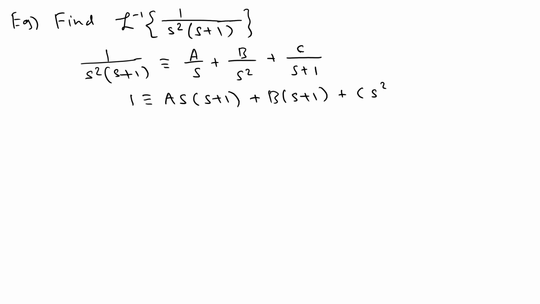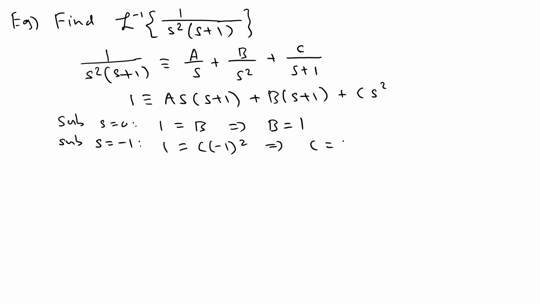We normally use substitution first before going for the coefficients. So we go with s equals 0. Once you plug in s equals 0, you get 1 equals b, in other words b equals 1. Then we go with the substitution s equals negative 1. Then 1 equals c times negative 1 squared, so c equals 1, and we are done with the substitution.